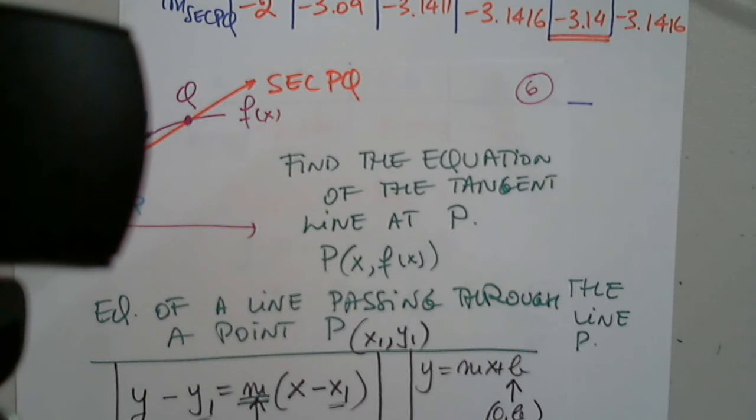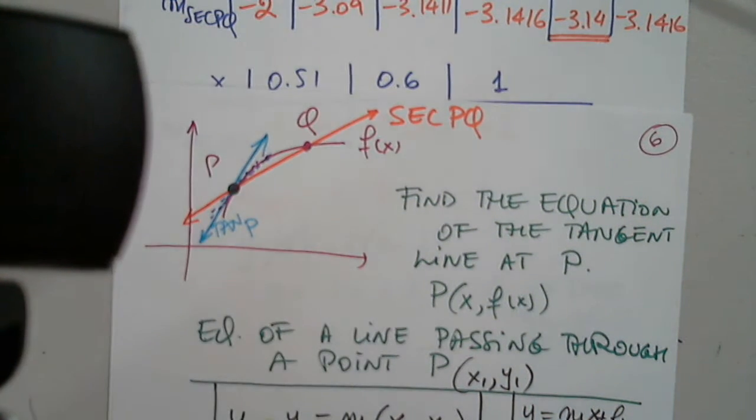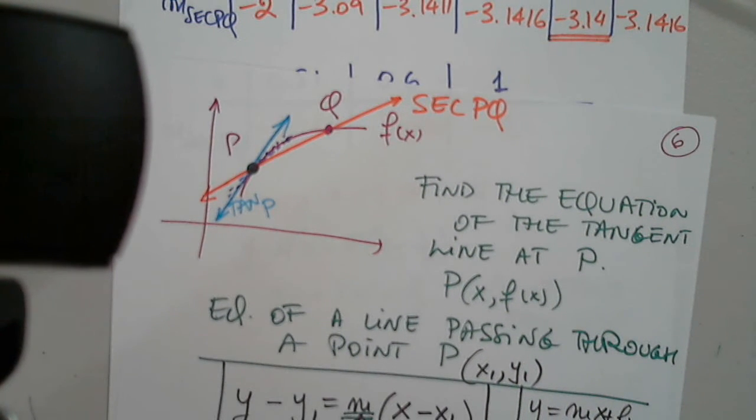Okay, and the equation of the tangent line that we just determined was negative pi x plus pi divided by 2. I want to use a viewing window because x is 0.5.